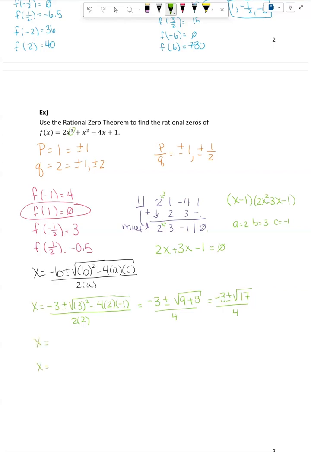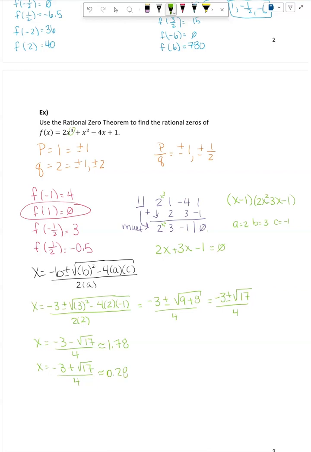Okay, so we can put this into our calculator and see that x is going to equal two different numbers. That is going to be -3 minus square root of 17 divided by 4, which is approximately -1.78. And then it's also going to be -3 plus the square root of 17 divided by 4, which is approximately 0.28.